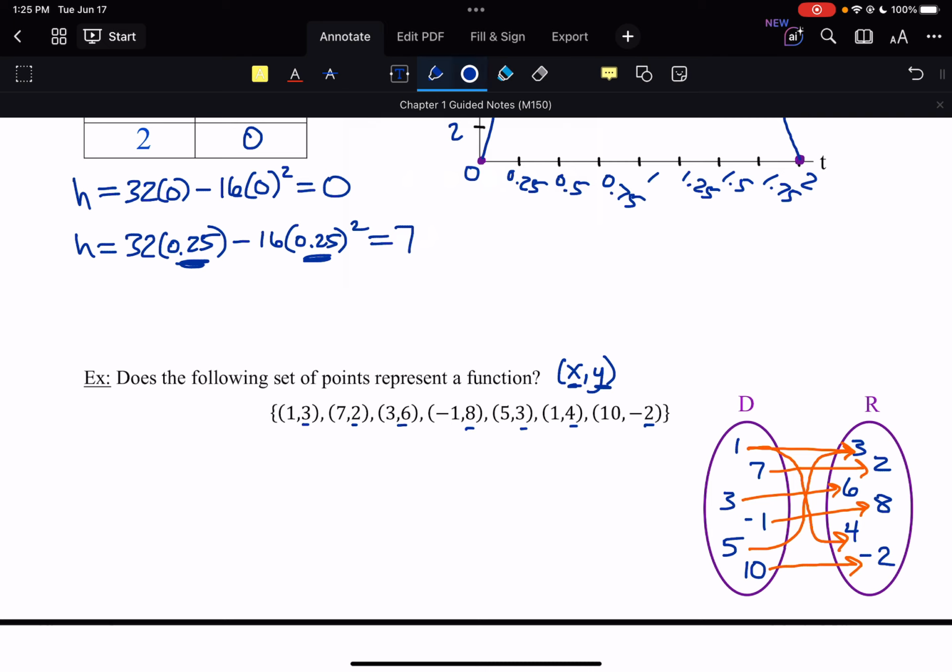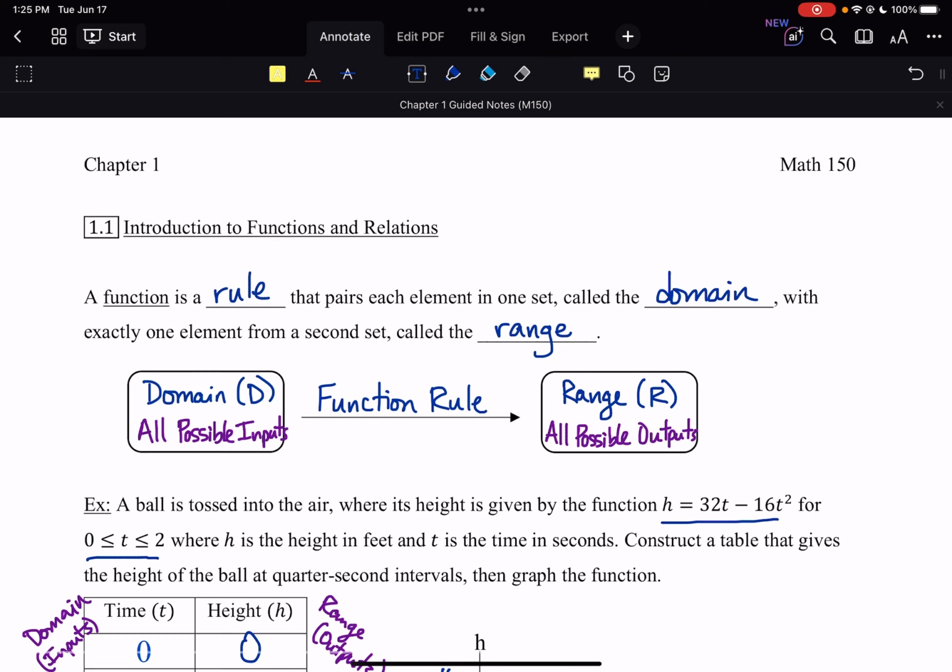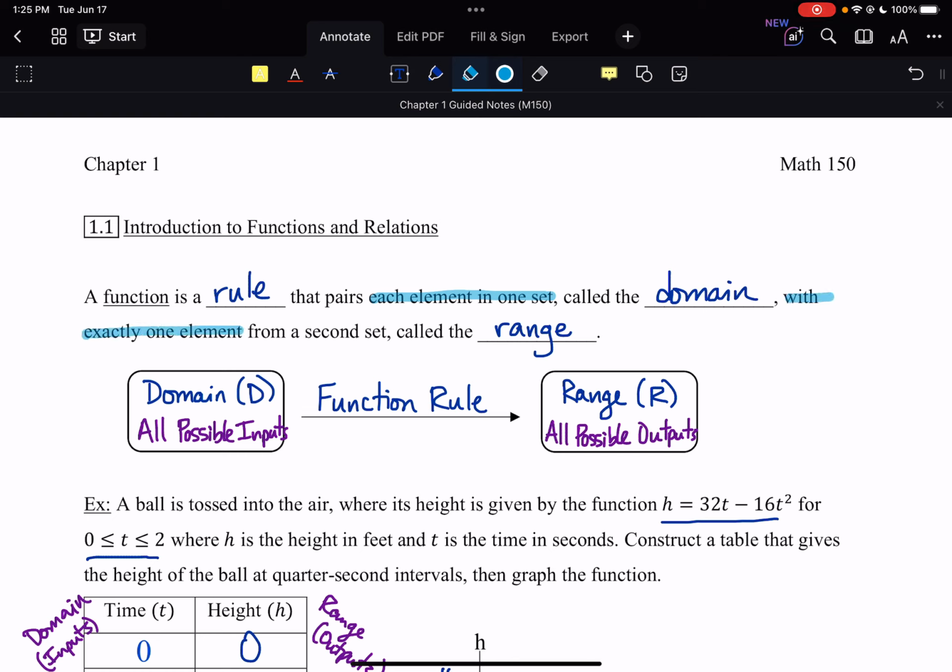Now, in order for this set of points to represent a function, the rule of the function must pair each element in one set called the domain with exactly one element from a second set. And this key here is that it must be exactly one element.